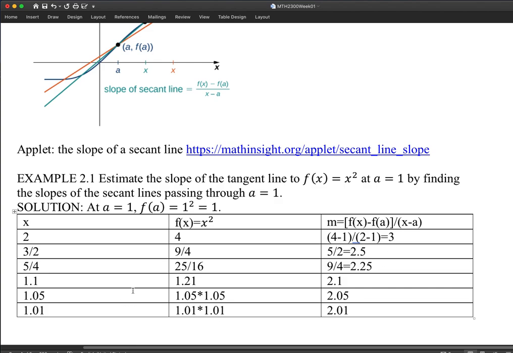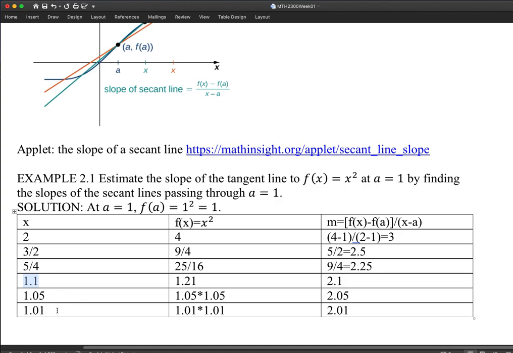I continued my calculation, taking this time 1.1. It's harder to see the difference on the graph, but mathematically it is very reasonable and very easy to achieve. And then I figure out the slope turned out to be 2.1. I also did some other calculations.